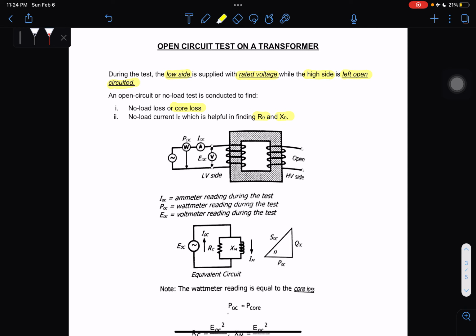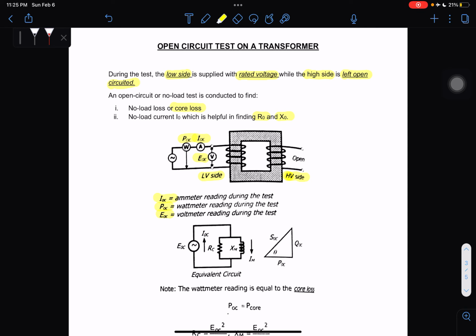In our transformer, we have the low voltage side and the high voltage side. On the low voltage side, we have the wattmeter reading during the test, called POC, the ammeter reading during the test, IOC, and also the voltmeter reading during the test.